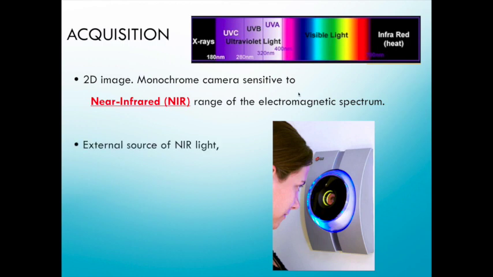An external, I should say, source of near infrared light is often used, often co-located with the acquisition system. You can see the subject here is lining her iris up to a mirror, and at this little section here, an infrared light source would be beamed into her eye to illuminate the iris in order to take that image a little bit easier, in order to get that image detail out.